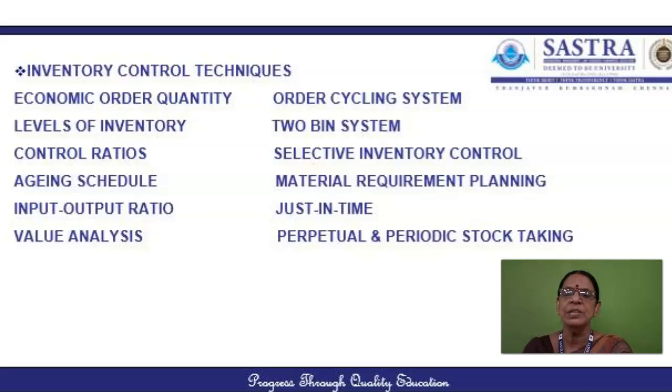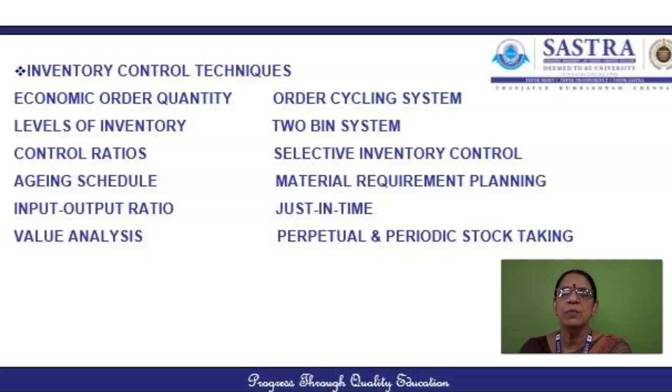The deterministic models include the fixed quantity system and the fixed period system. And the probabilistic model also has the fixed quantity system and fixed period system, but the only thing is it is not with certainty. We shall see the different models in detail in the coming session.